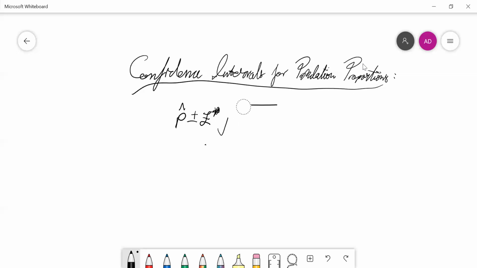And just notice, let me fix that, but the root goes over the n as well. It covers the whole thing.